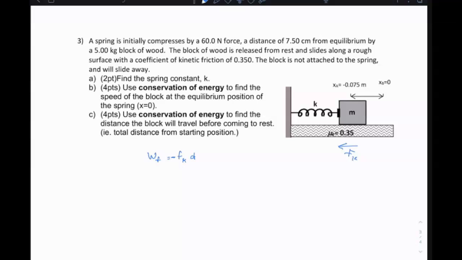That work is equal to the change in the spring potential energy plus the change in the kinetic energy.